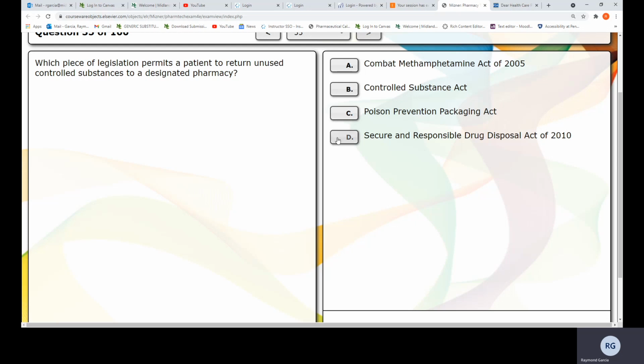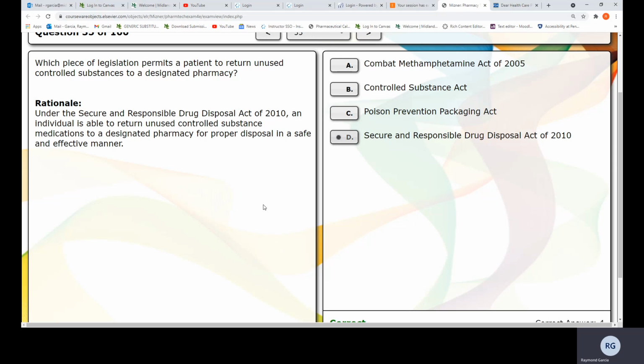Sounds the most logical. Under the Secure and Responsible Drug Disposal Act of 2010, an individual is able to return unused controlled substance medications to a designated pharmacy for proper disposal in a safe and effective manner.